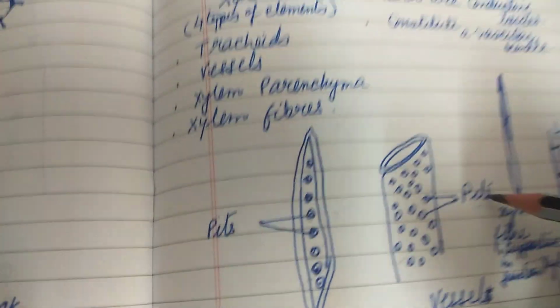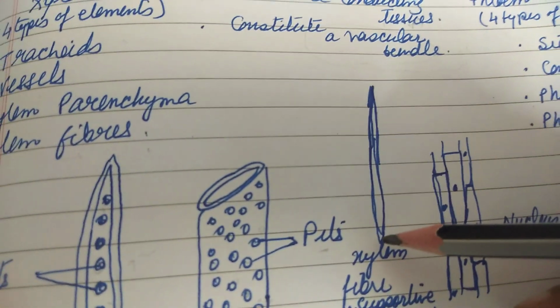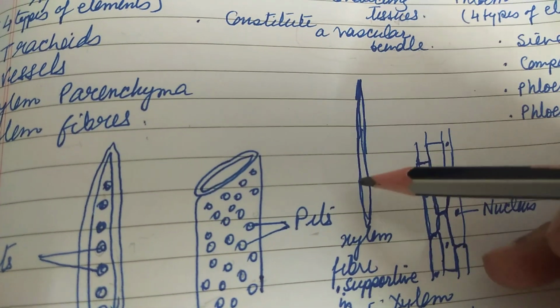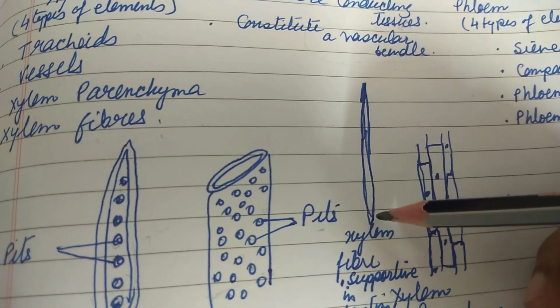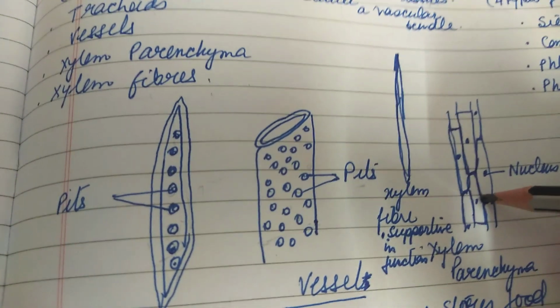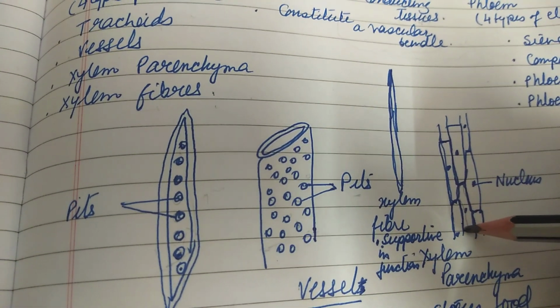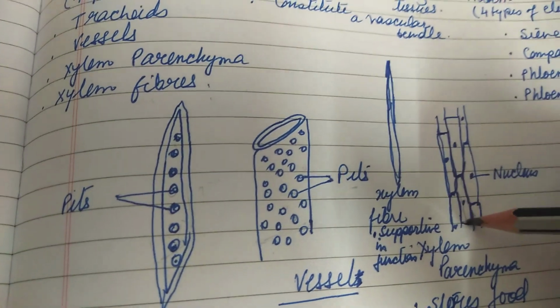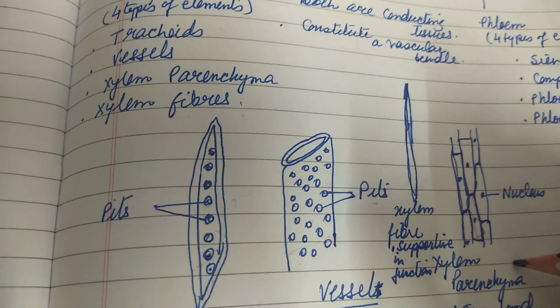And xylem fiber is just an elongated structure with a thick wall. It's like a fiber. And xylem parenchyma is a simple parenchymatous cell, thin walled, present in xylem, so we call it xylem parenchyma.